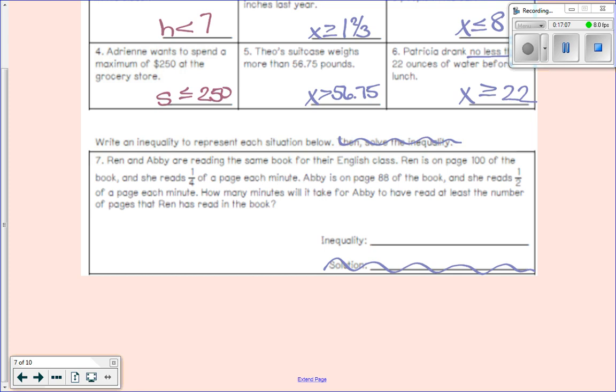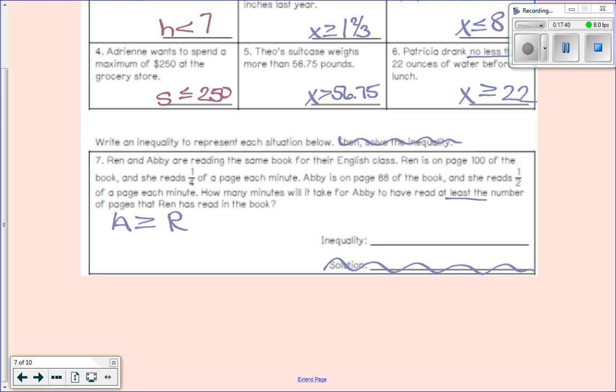Abby is on page 88 of the book, and she reads 1/2 of a page each minute. How many minutes will it take for Abby to have read at least the number of pages that Ren has read? So we have Abby. What's at least? What inequality is that? Greater than or equal to. Good. Greater than or equal to Ren.